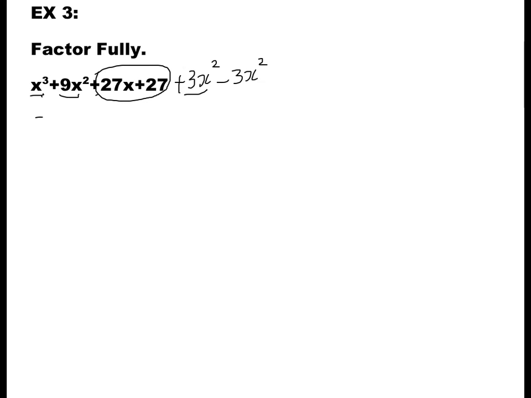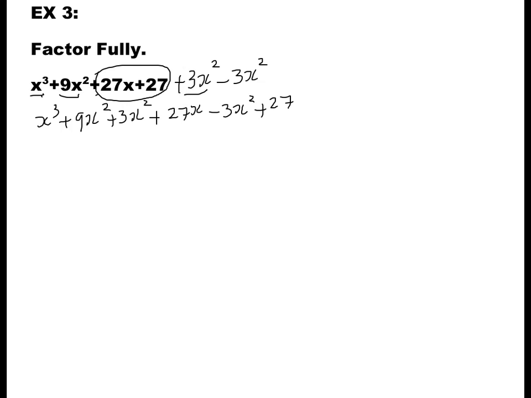So I'm going to get x cubed plus 9x squared plus 3x squared, plus 27x minus 3x squared plus 27.